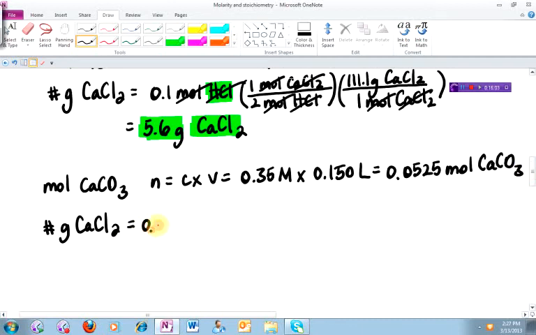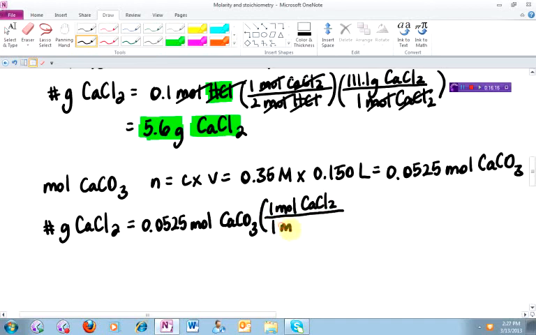So 0.0525 moles calcium carbonate have a 1-to-1 ratio: 1 mole of calcium chloride over 1 mole of calcium carbonate. Now the molar mass would stay the same because we're still figuring out how much of the calcium chloride product we're producing.